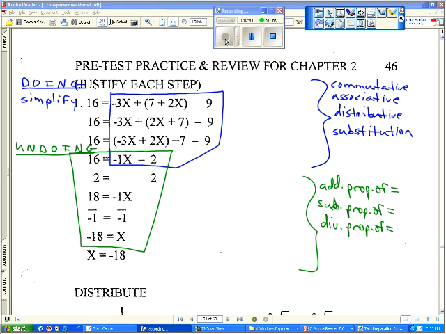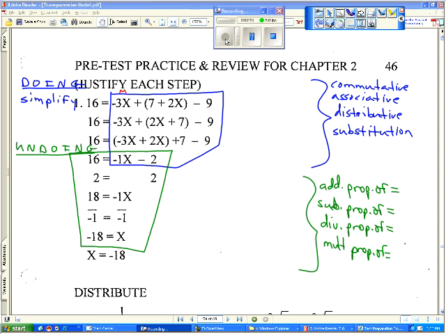We undo division by the multiplication property of equality. And we use reflexive property to show our work. So there's your options in the two categories. Now all the way down we're using the order of operations to try to solve. So here's what we would do.